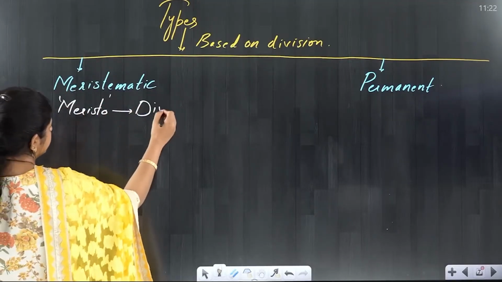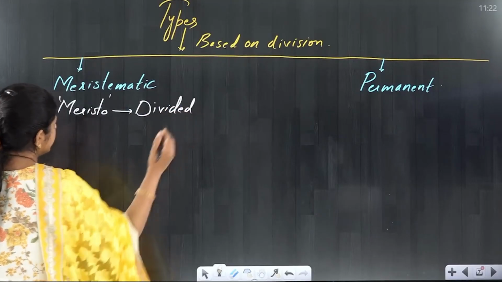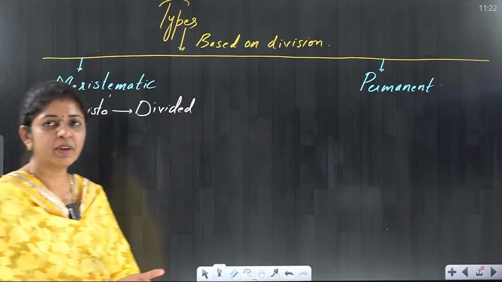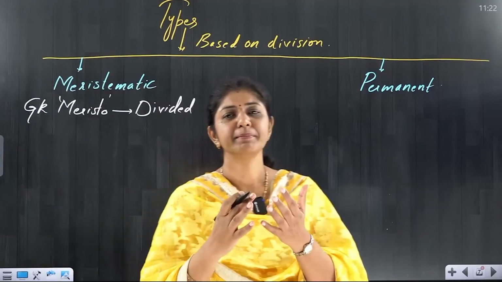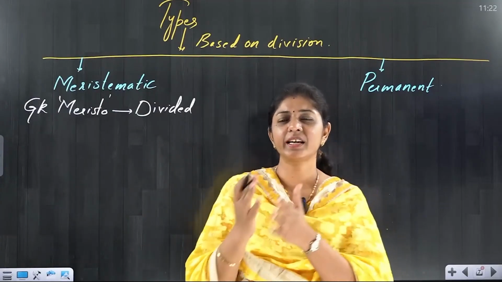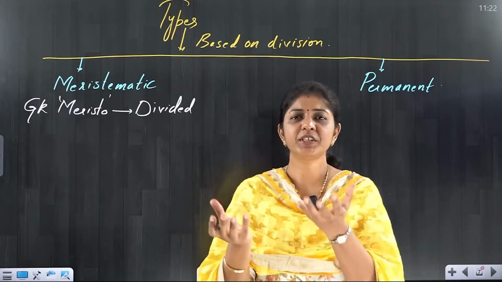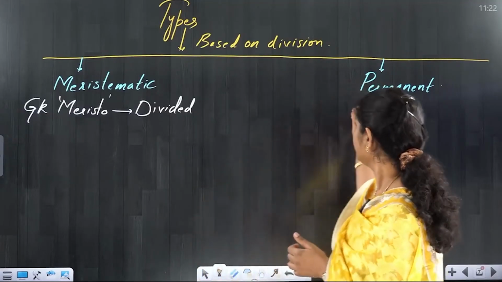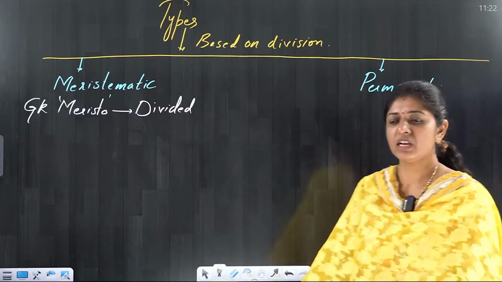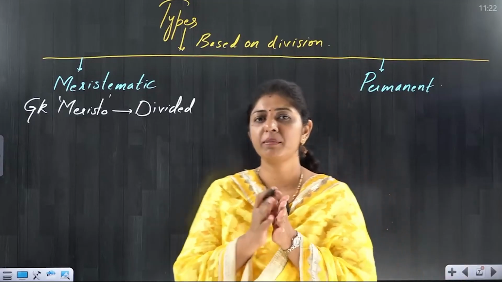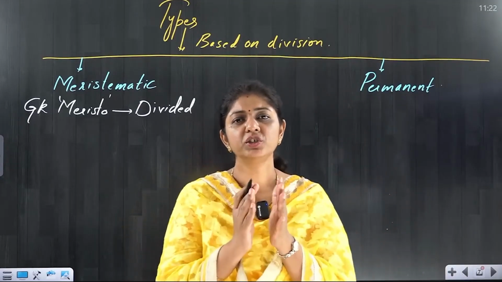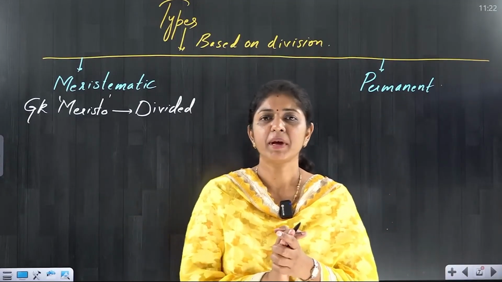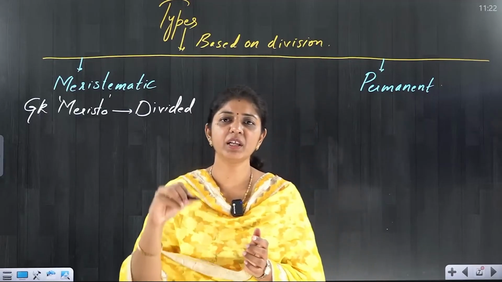That is divided. Means the cells which keep on dividing, that you call meristematic. Matic is an adjective to that cell. That cell is which type? Meristematic type, which keeps on dividing. Now a permanent cell is one which has become permanent, it stops dividing, and it has some function to perform now. If you remember, I discussed the root earlier.